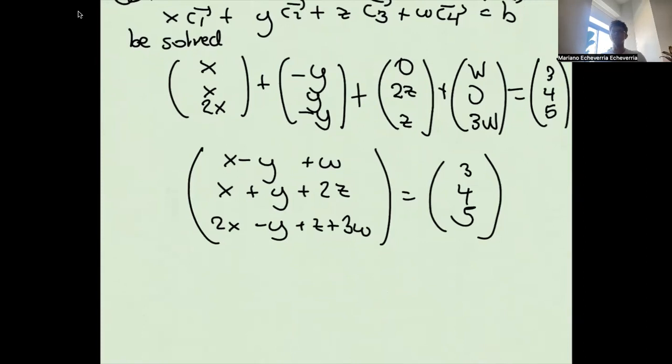And that's a system of equations. It looks like I'm going in circles, but I'm just trying to show you explicitly how this looks. So it gives you this system of equations.